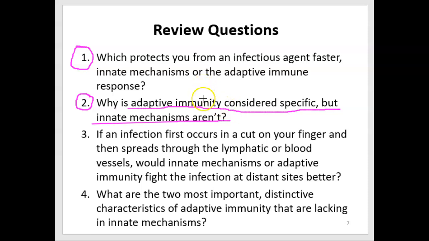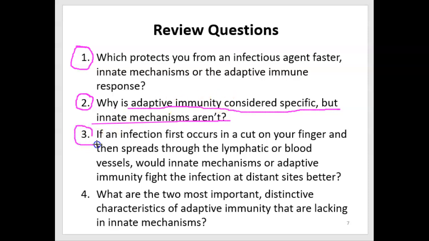Adaptive immunity is considered specific because just a subset of cells and chemicals are used for one infectious agent. A subset of what you have available in your arsenal is used for each different pathogen.